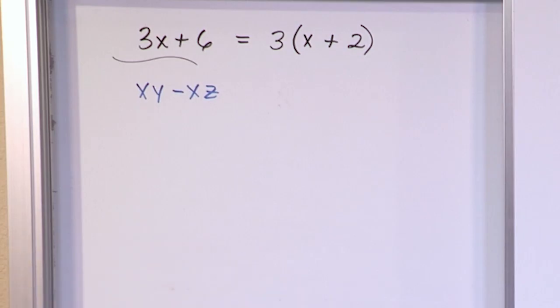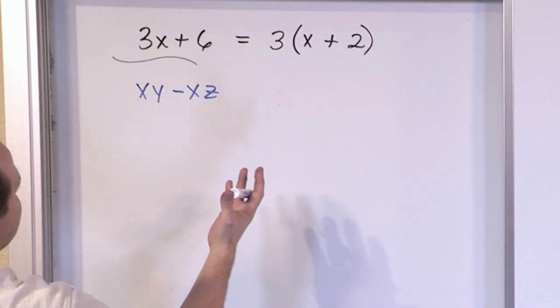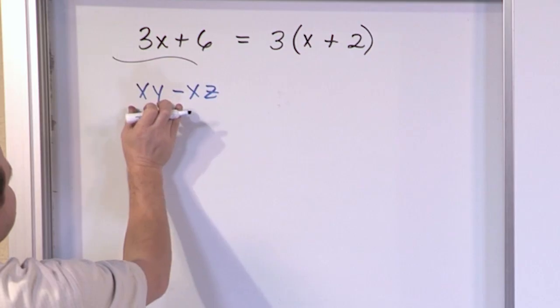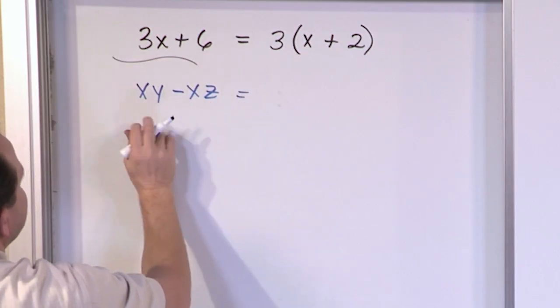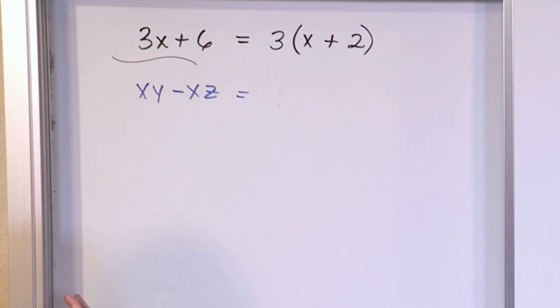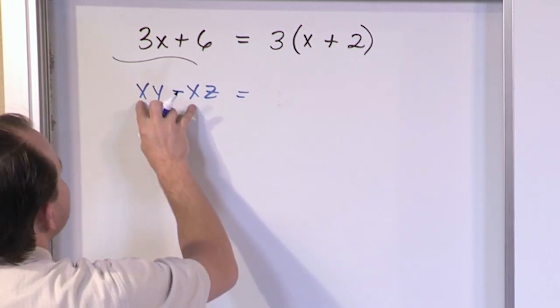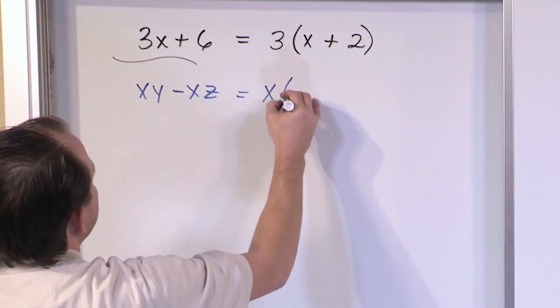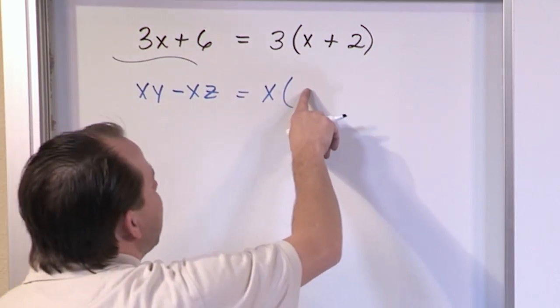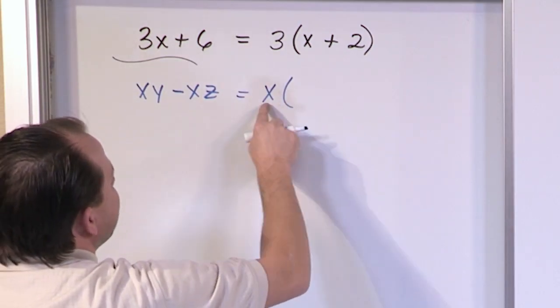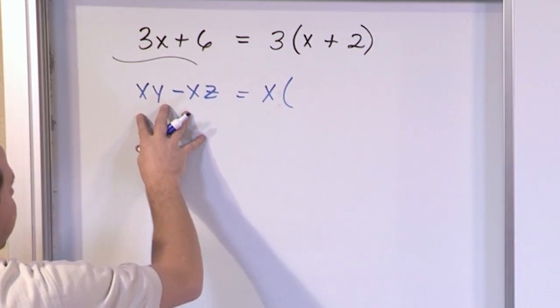So what I'm doing is I'm looking, there's no numbers here, so it looks hard, but then you realize I'm looking here for things that are common. What's common here? I have an x here and I have an x here. That's the only thing common. I have no numbers, I have no other letters that are common. Since x is common, I pull it out and I open my parentheses. Whatever I write in here has to make sense so that after I do the distribution, it equals this.